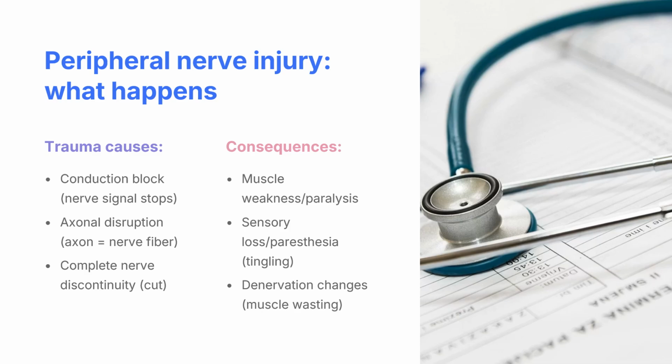Denervation of muscle means no nerve supply at the muscle area, so atrophy will happen. This wasting will tell us the injury is more severe or prolonged, because only then denervation will happen. So to understand the severity, let's classify the nerve injury.